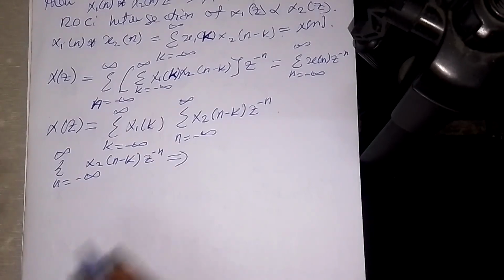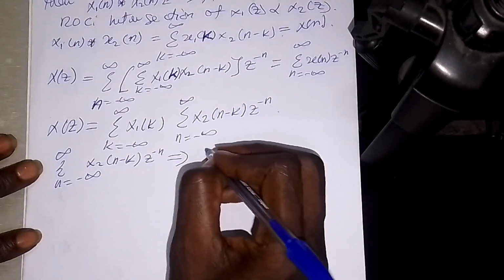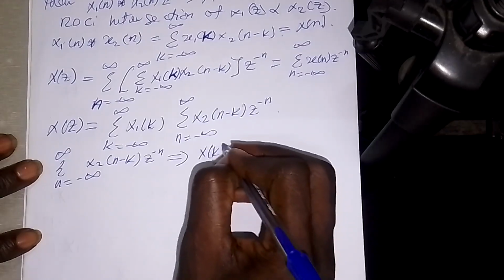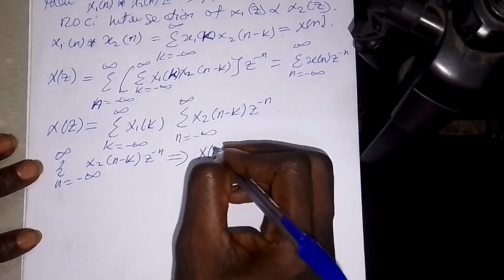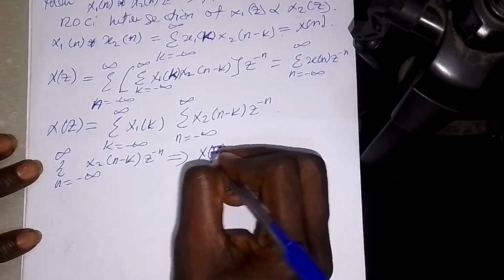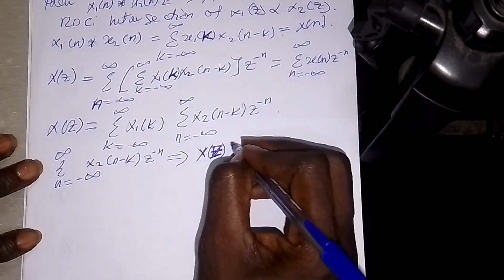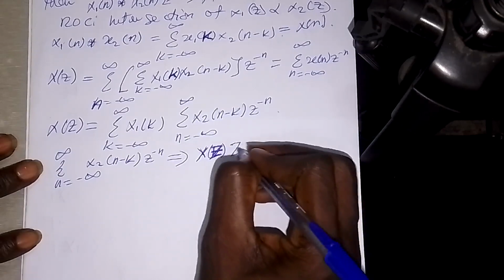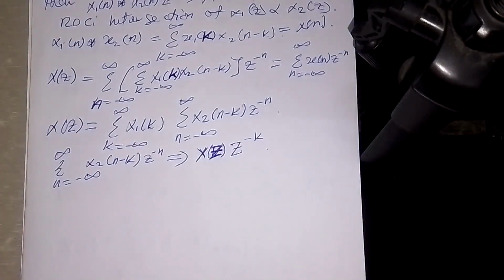When we had something like this, what we got was X of z into z to the minus k. Okay, so this is what we got here.